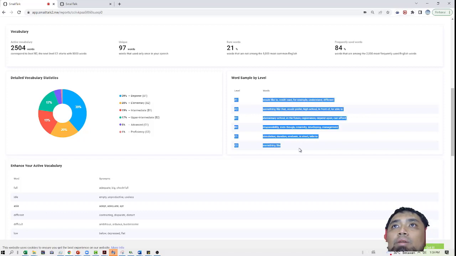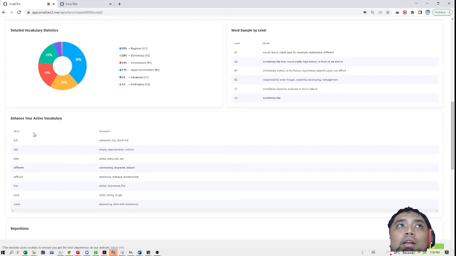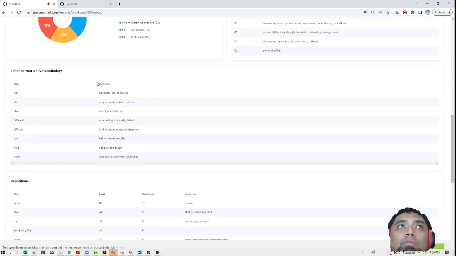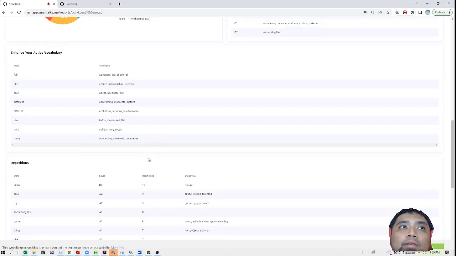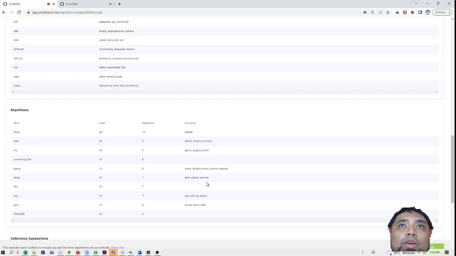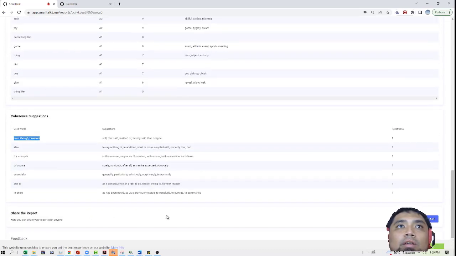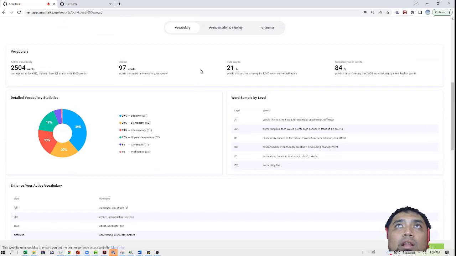Misalnya ini A1, A2 dan sampai C2. Terus di sini ada saran gitu, misalnya untuk pengganti kata able, adequate, different, contrasting, dan seterusnya. Ini adalah saran saja ya, penggunaan kata yang ini levelnya mungkin yang lebih tinggi ya. Terus ada kata yang paling banyak saya gunakan adalah kata now, able, toy ya. Terus ini untuk kata sambungnya ya, kita diberikan saran seperti ini. Ini khusus penilaian masalah vocabulary.